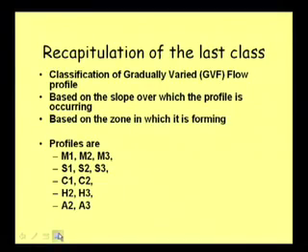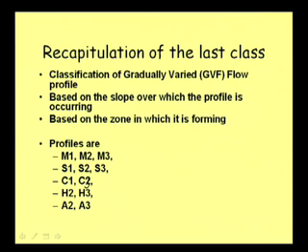By that process we could classify the gradually varied flow profiles into 12 different types. These were M1, M2, M3, then S1, S2, S3, and then for critical slope we have C1 and C3. Why is C2 not existing?